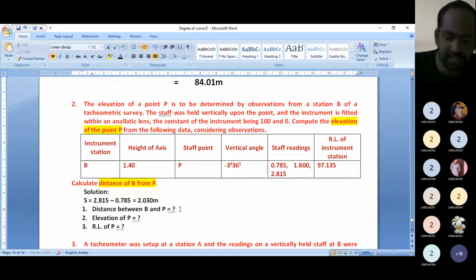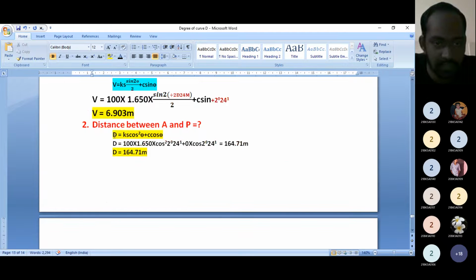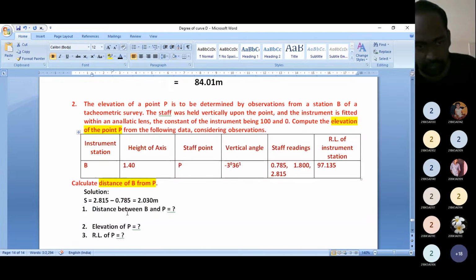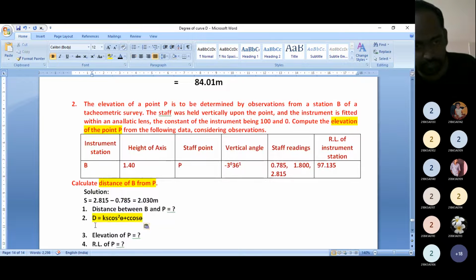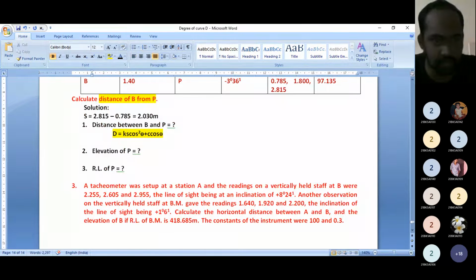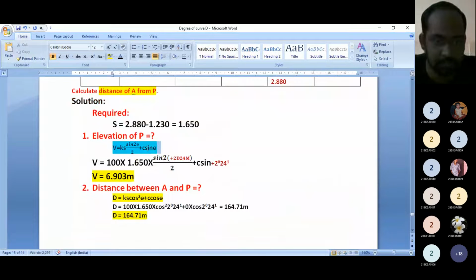Okay now. So for distance D value we have a formula. This is the formula to calculate the D value. And for elevation of P, that means V. So to determine the V, this is the formula here.